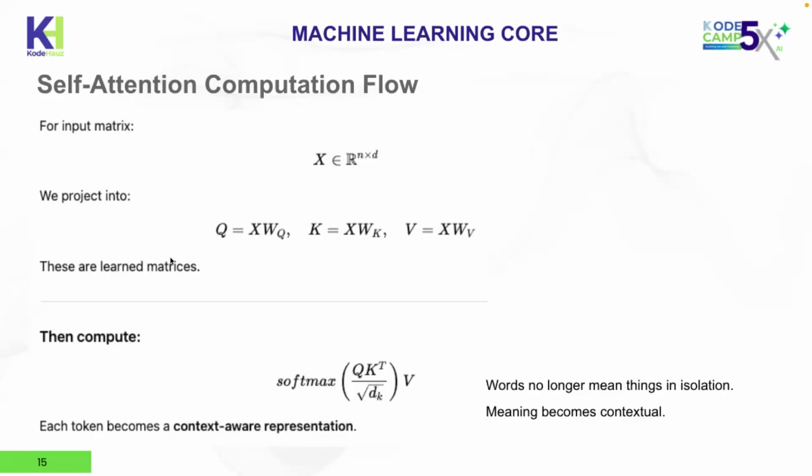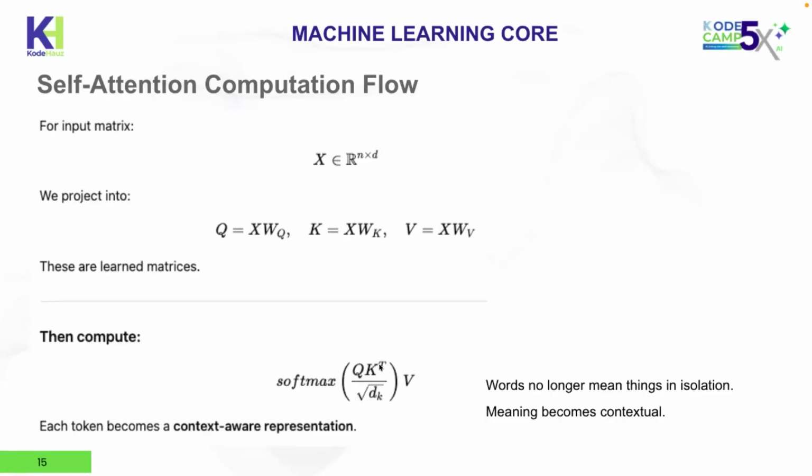X is the input signal that comes in, but WQ, WK, WV are the weights. So with this, you get QKV, and we've already talked about how you get the attention from the QKV.